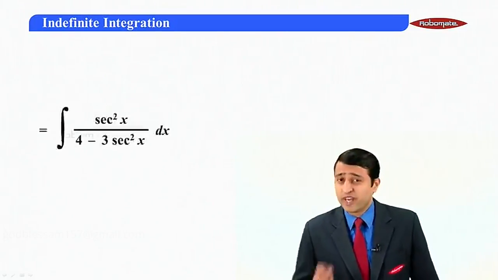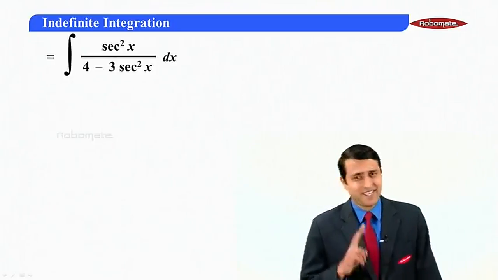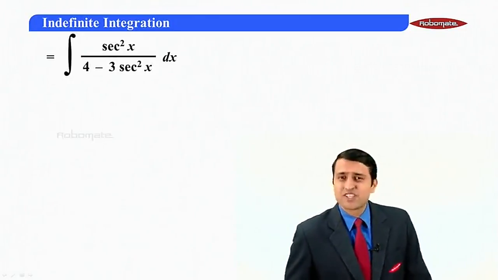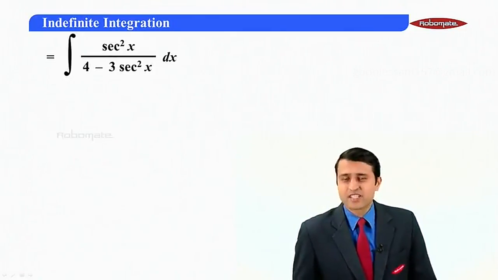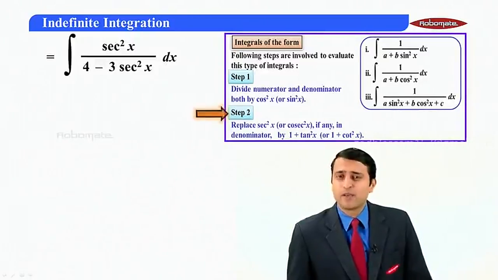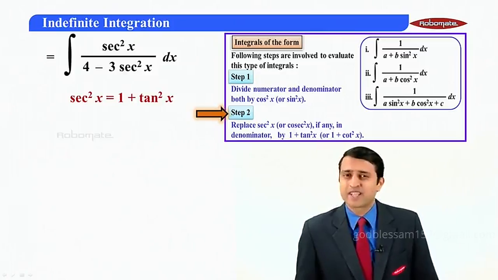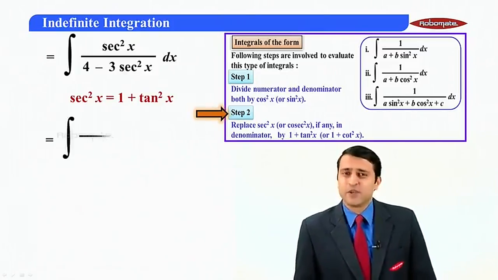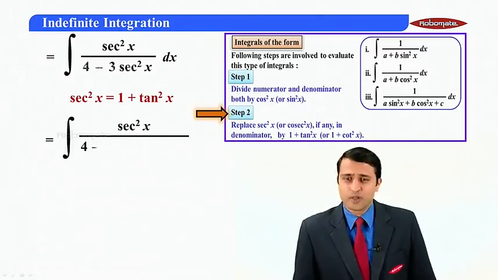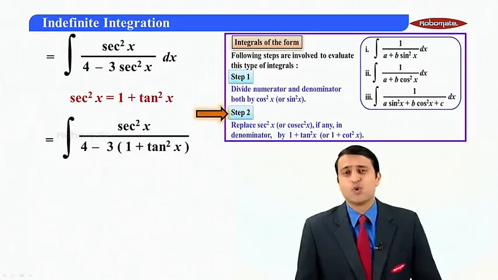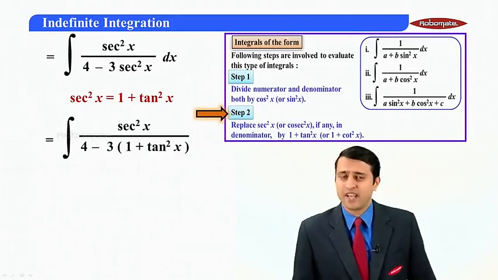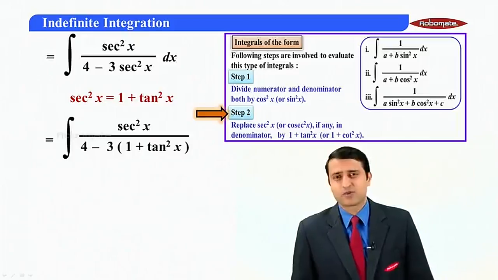Now my dear students, you very well know the next step. Yes, what we are supposed to do is convert the sec square x in the denominator to tan by using the identity sec square x is equal to 1 plus tan square x. So let us use that. The numerator remains as it is, 4 remains as it is, minus 3 into 1 plus tan square x. Is that okay, my dear students?